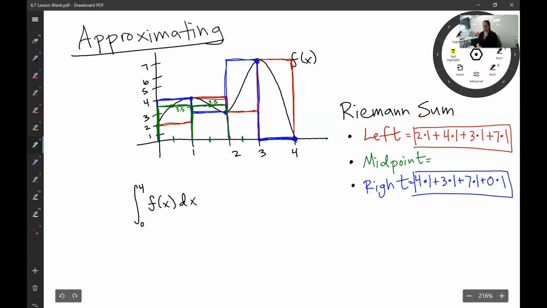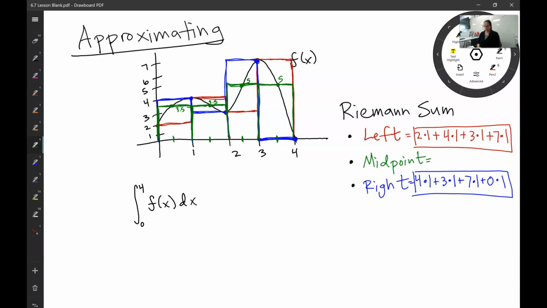Okay, here's the midpoint of our next section, 2.5. Go up half to the graph. There's our rectangle. And I'm going to say that's about at 5. And last one, there's my midpoint, go up, that's where it goes, so that one is also about at 5.